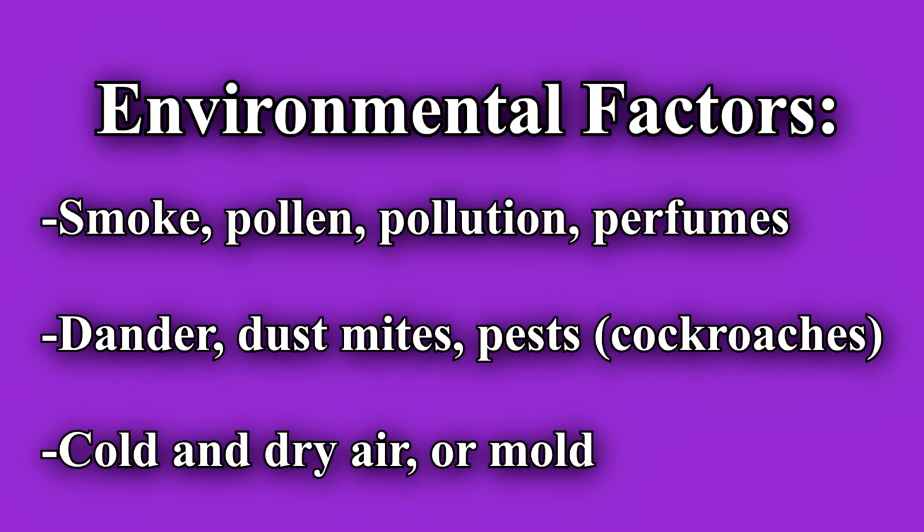This can be first-hand, second-hand smoke, pollen, pollution, perfumes, pet dander, dust mites, pests like cockroach droppings. Cold and dry air can make those smooth muscles on the airways constrict down, and mold.